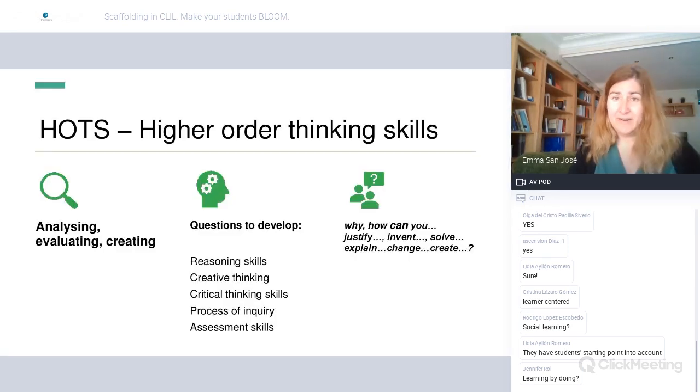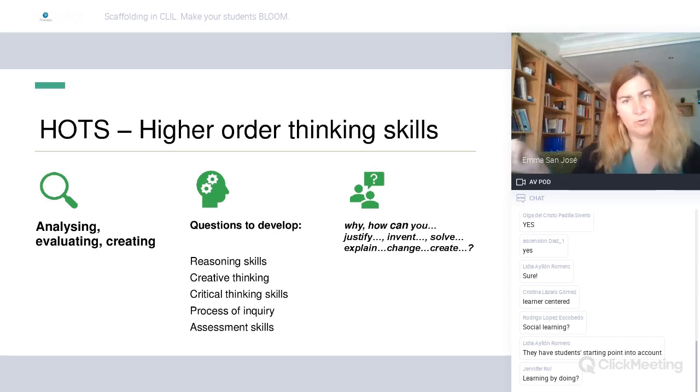If we continue to the next three stages, which are analyzing, evaluating, and creating, we're going to what we call the HOTS, the higher order thinking skills. And here we're going to have some more difficulties. We have to find a way to get them to develop their reading skills, creative thinking, and some critical thinking as well. If you're familiar with the process of inquiry, you know that there are stages, and there's one point in which you have to draw conclusions.